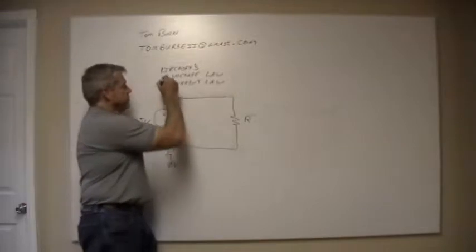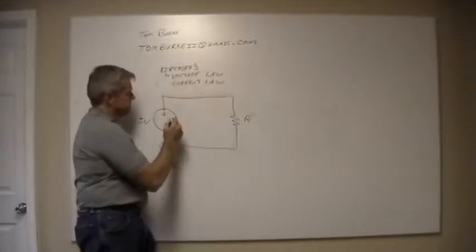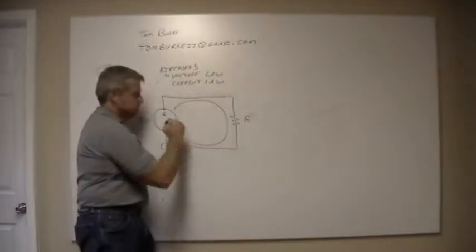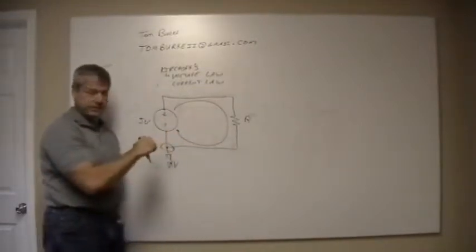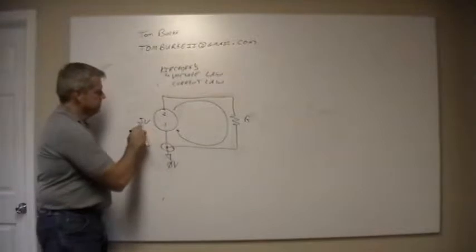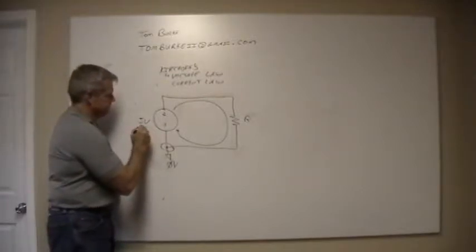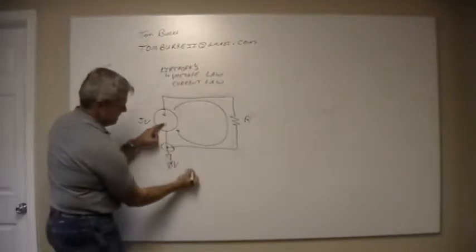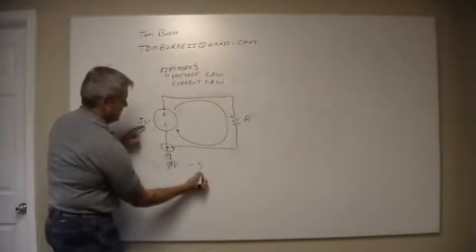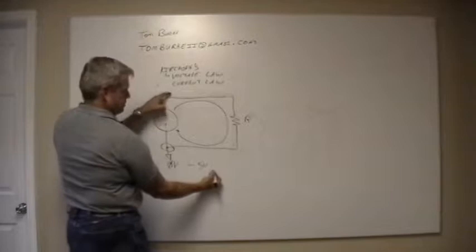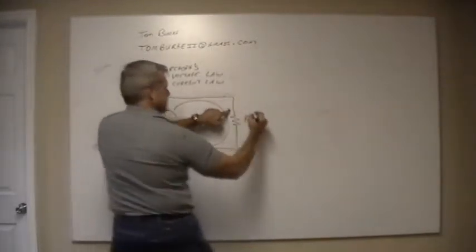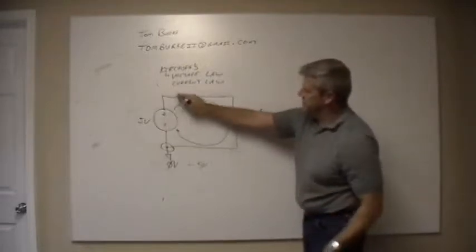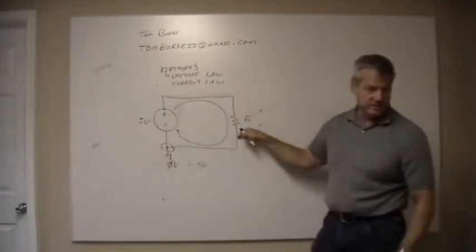So his voltage law says that the sum of all voltages in a loop must equal 0. So if I've got 5 volts, if I start at 0, I say minus 5 volts. I've got some voltage here. Because current is flowing this way, this side will be positive and this side will be negative.